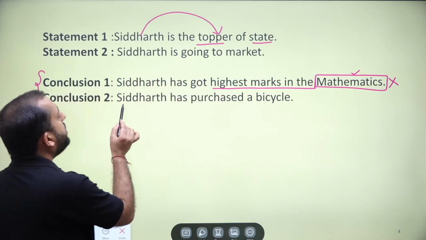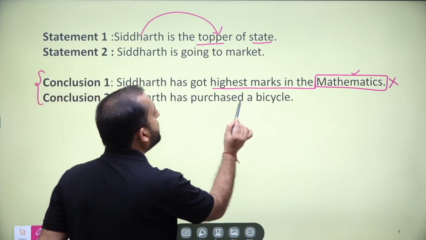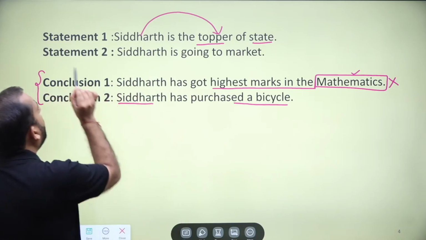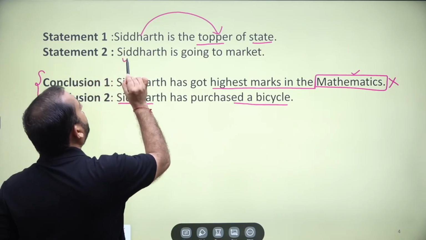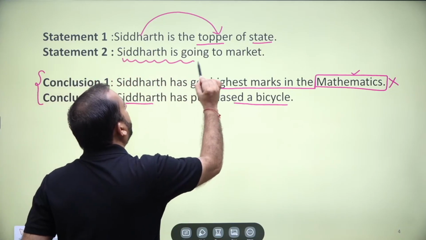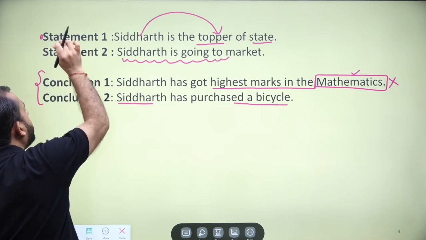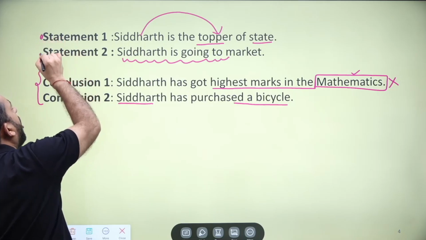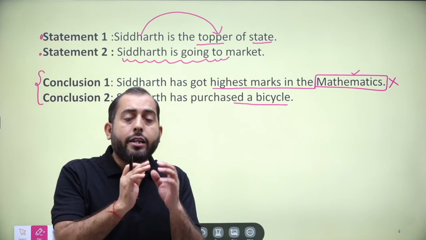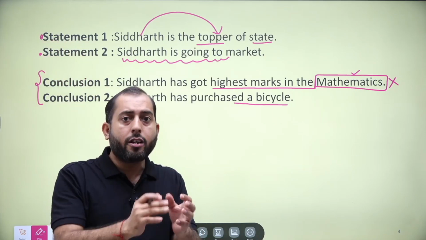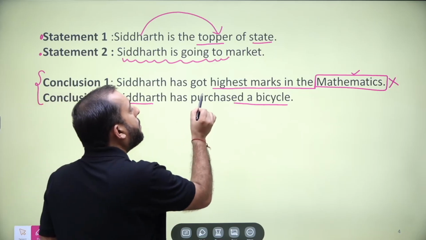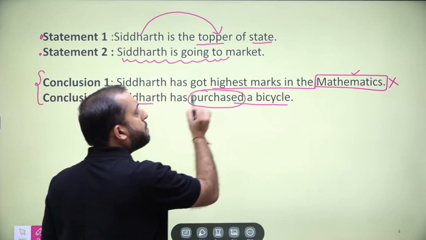Now, conclusion 2 says Siddharth has purchased a bicycle. In statement 2, we only know that Siddharth is going to market. Neither statement 1 nor statement 2 has information related to what Siddharth has purchased.